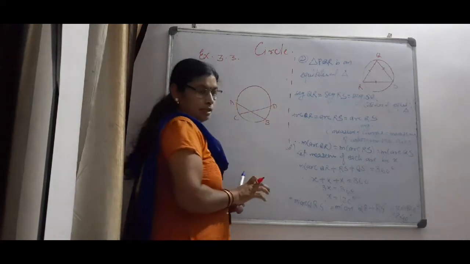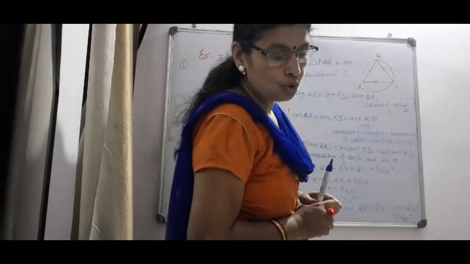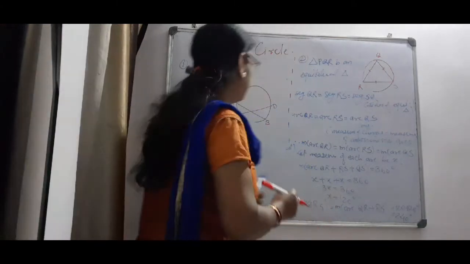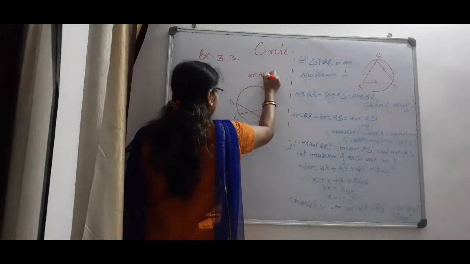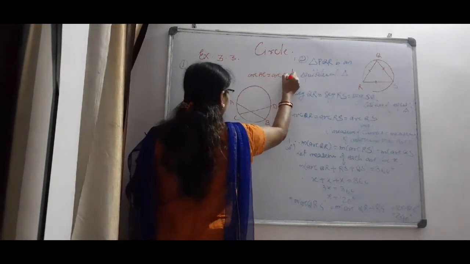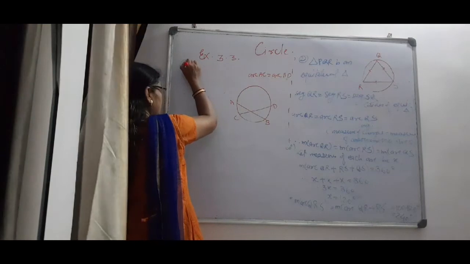Two chords are given, and then you have to show that arc AC is equal to arc BD. That you have to show. It is your third problem.